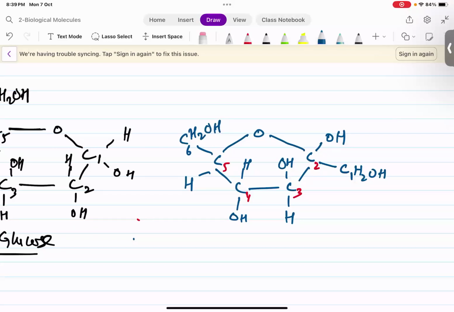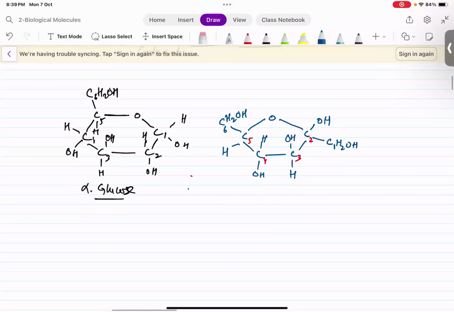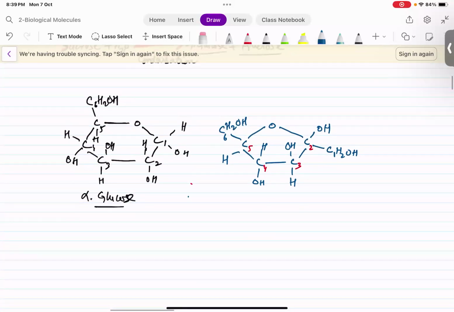Okay. Now the bonding between these two takes place between carbon number 1 of alpha glucose and carbon number 2 of fructose. And to do so, you should bring this OH group and this OH group into the same plane.